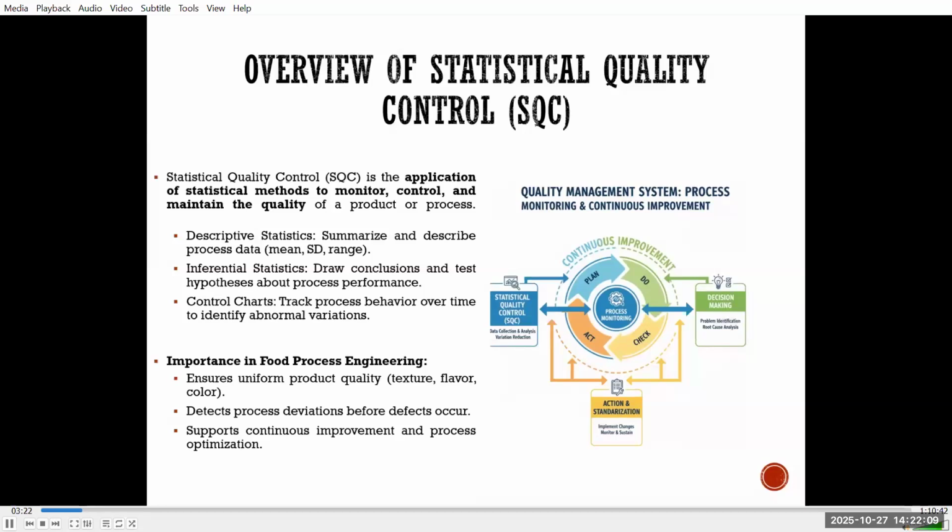Control charts track process parameters over time to identify when the process goes out of control. Hence, in food processing, this approach helps us to detect deviations early. For example, if the moisture in a cracker batch starts increasing beyond the control limit, we can correct it before the crackers become soggy.